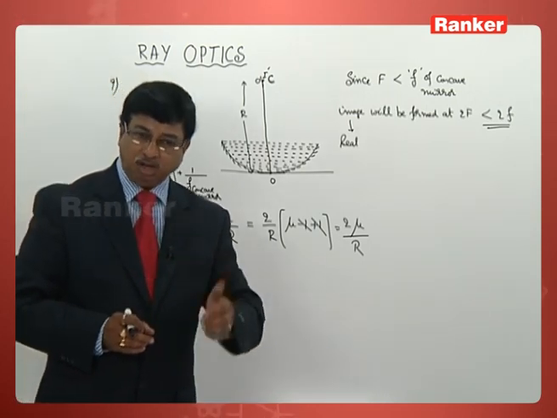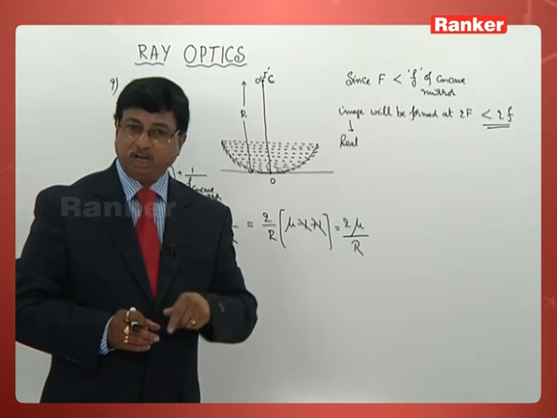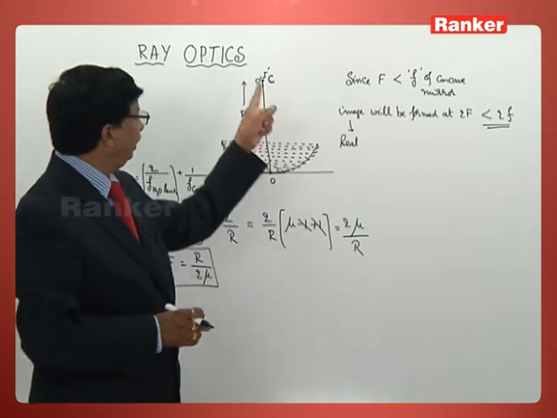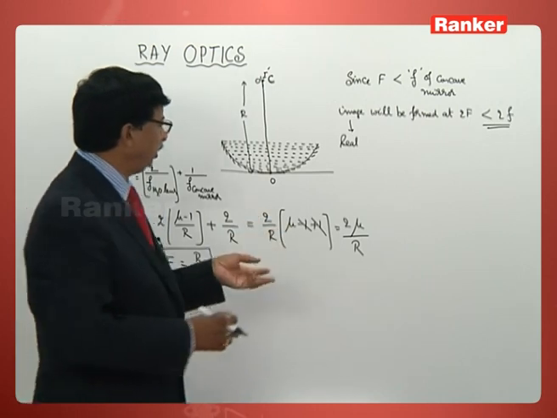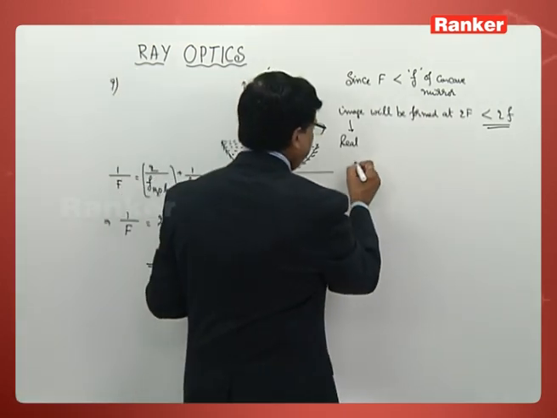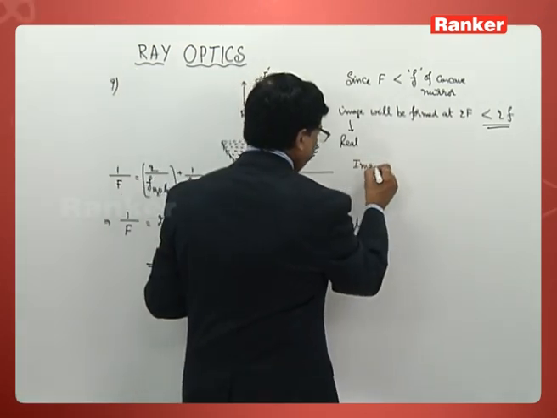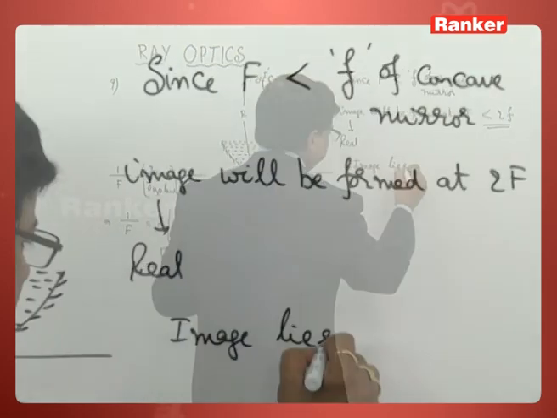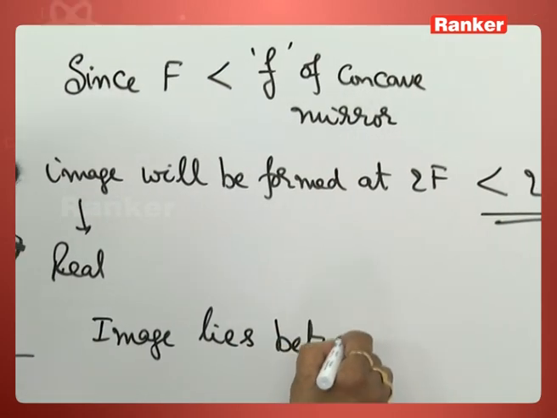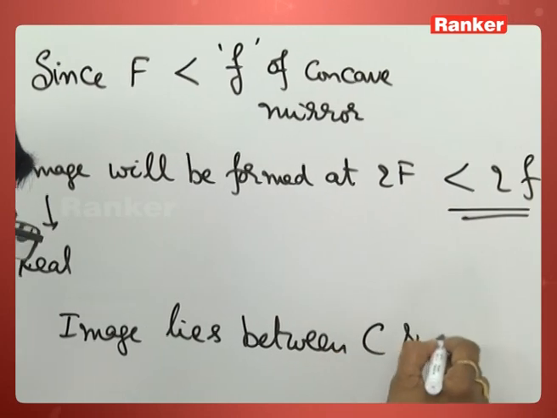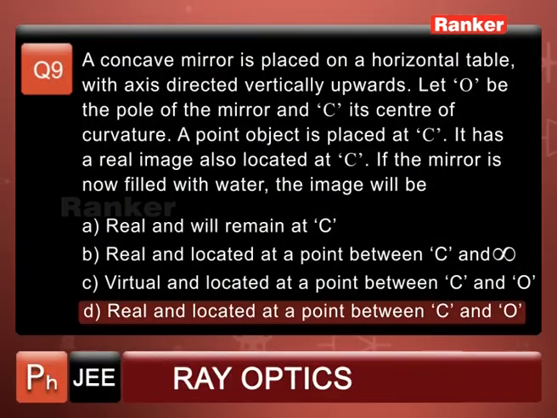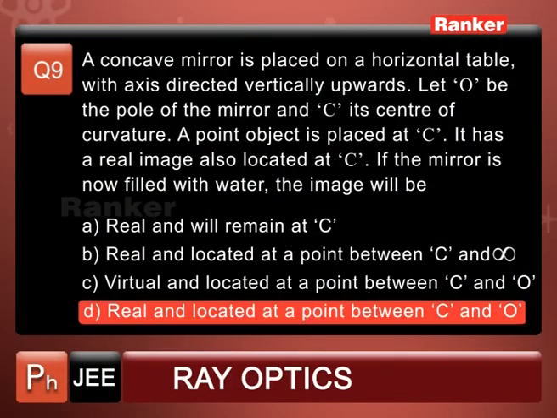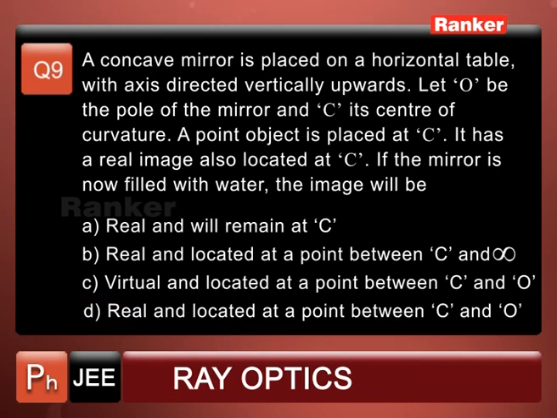The image should be real and it should be located at a point between C and O. Definitely the correct option, that means the image lies between C and O. Therefore, the correct option for this one is going to be D for us.